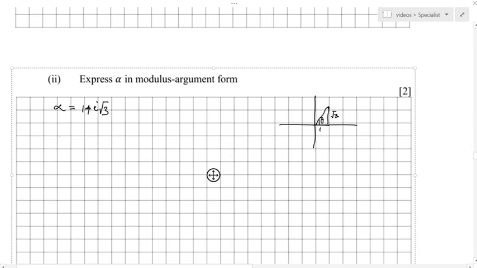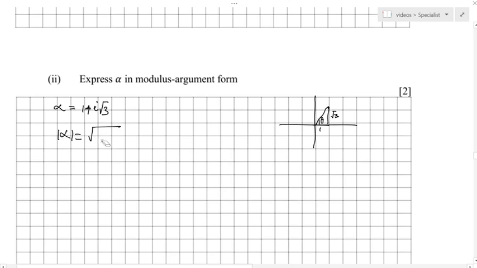So mod alpha is equal to the square root of 1 squared plus root 3 squared, that gives you 1 plus 3 is equal to 4, so the square root is 2.